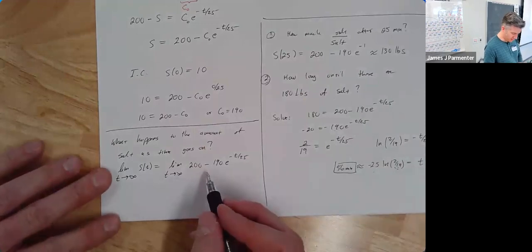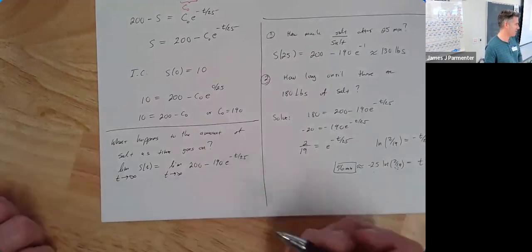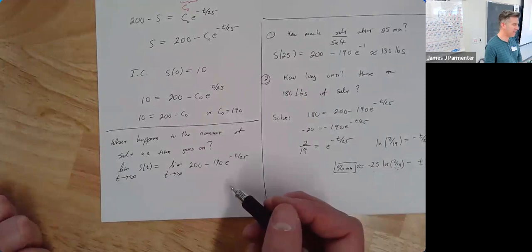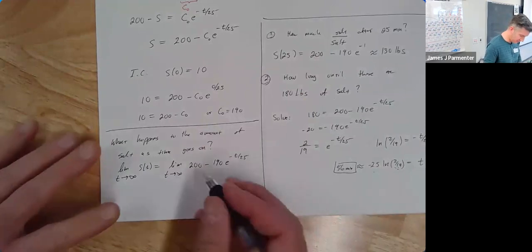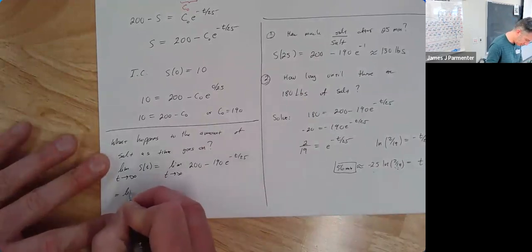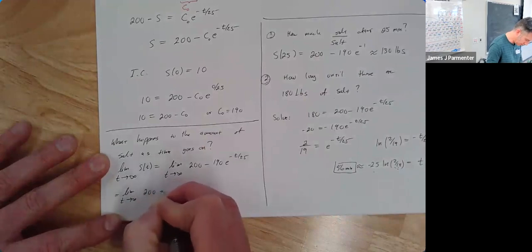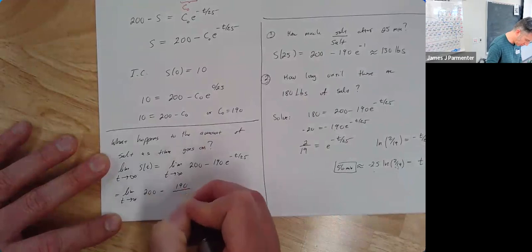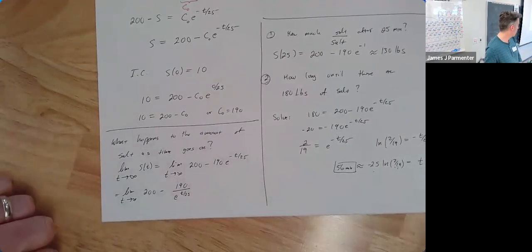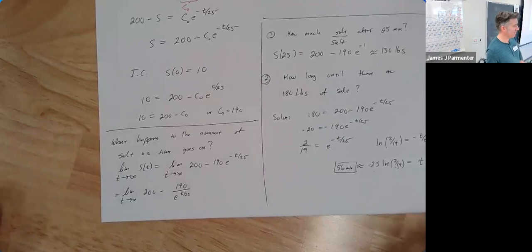And as time goes to infinity, what happens to e to the negative infinity? I never like e to the negative infinity. I would definitely rewrite this as the limit as t goes to infinity of 200 minus 190 over e to the positive t over 25. So e to the t over 25 is going to e to the infinity, which is infinitely large.